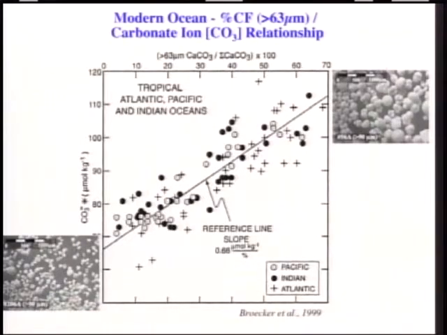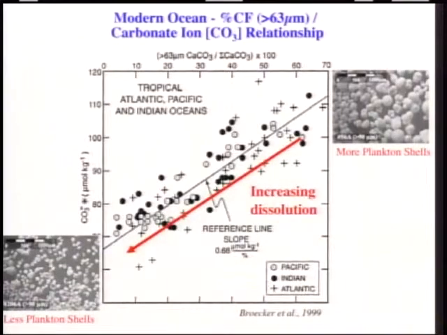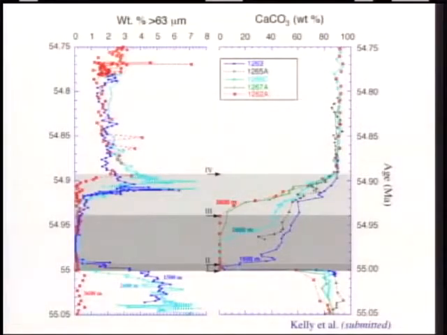You have this nice relationship between the concentration of forams, the greater than 63 micron fraction or the sand fraction, and carbonate ion concentration of bottom waters. This is just telling us that we're seeing increasing dissolution. These are from modern sediments. And so what I've plotted next to that calcium carbonate record is simply the percent sand fraction from the same cores.